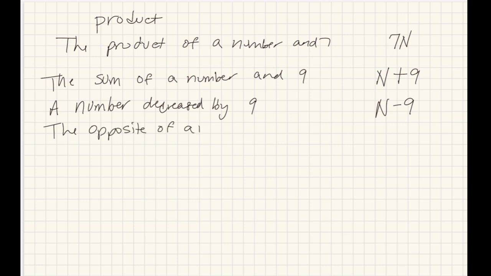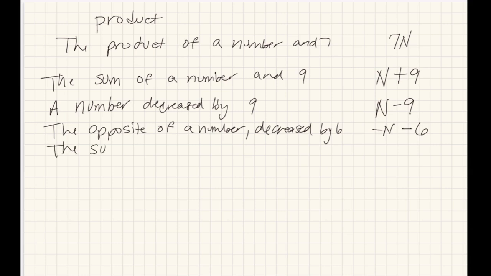Okay, what if I have the opposite of a number decreased by 6? The opposite of a number decreased by 6. So the opposite of a number, yes, is going to be negative n, and then decreased by 6 would be minus 6. Okay, try this one.